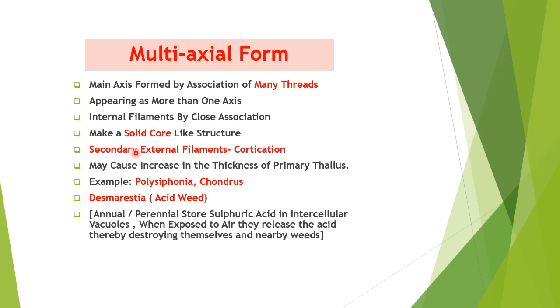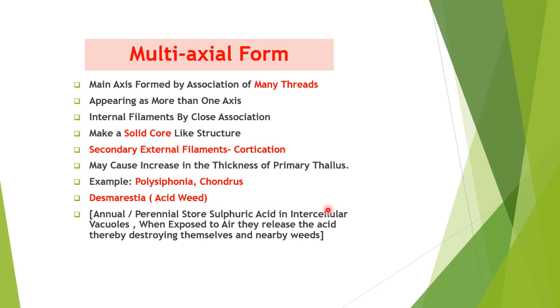Secondary external filaments that form the cortication may cause an increase in the thickness of the primary thallus, as in the case of Polysiphonia, Chondrus, and Desmarestia, which is also called the acid weed. A very interesting weed, which is an annual or a perennial, but it stores sulfuric acid in intercellular vacuoles.